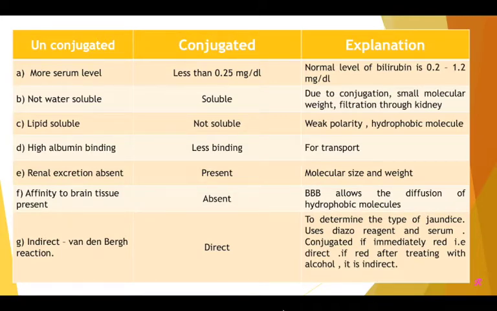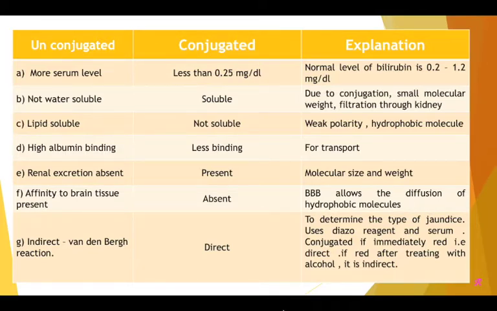If we take a sample from a human and check the blood serum, the level of unconjugated bilirubin will be more. The level of conjugated will be less than 0.25 mg per dl. Why so? Because bilirubin is produced within the macrophages, and these macrophages produce unconjugated bilirubin, then release it to plasma.